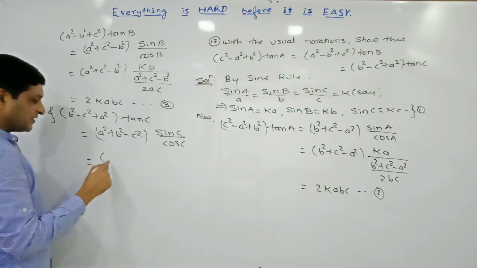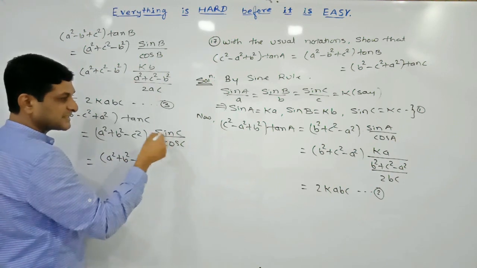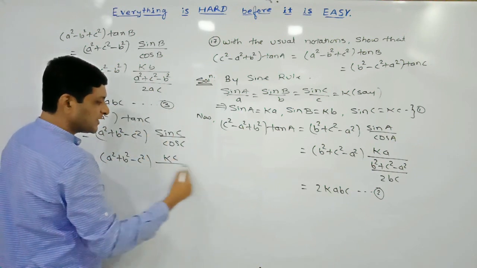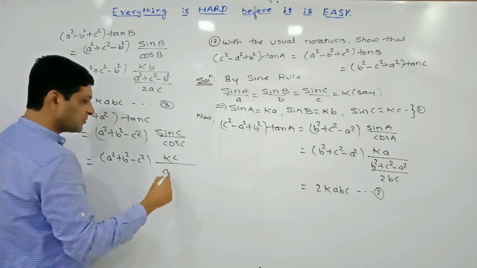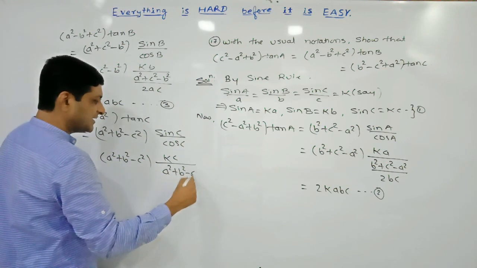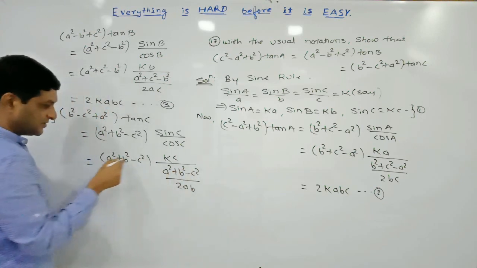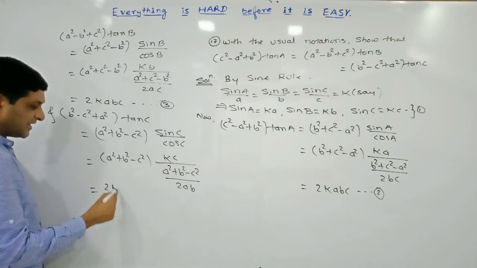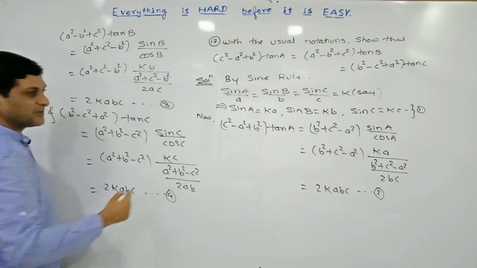So which is equal to a square plus b square minus c square, keep it as it is, sin c can be replaced by, what is the value of sin c? It will be equal to kc, and cos c according to cosine rule, its value is equal to a square plus b square minus c square upon 2ab. So after cancelling these two terms, what will we get in the numerator? That will be 2kabc. Let us denote it by the next equation, equation number 4.